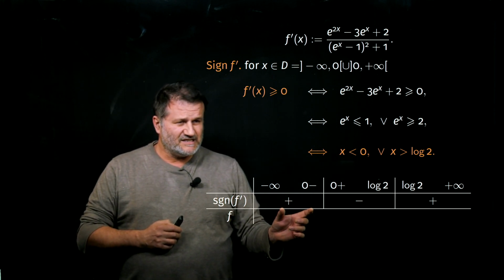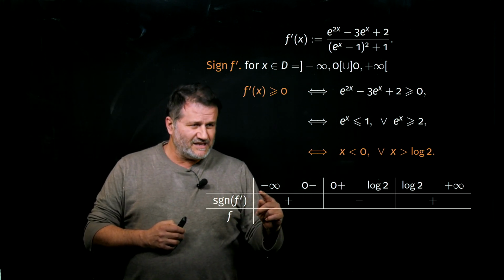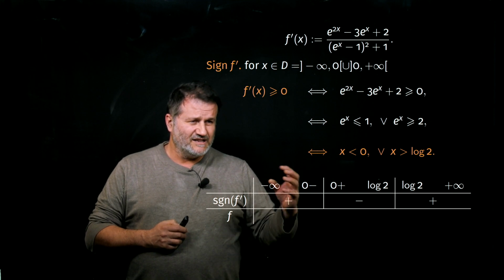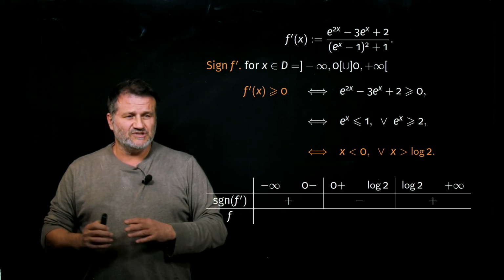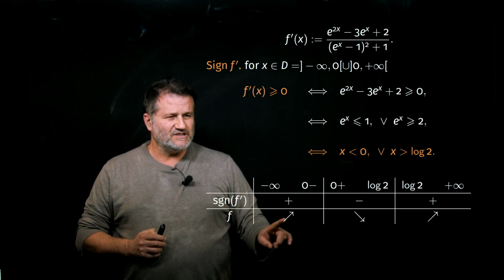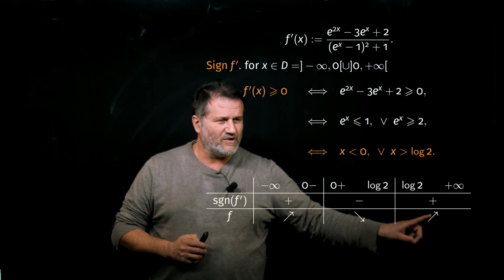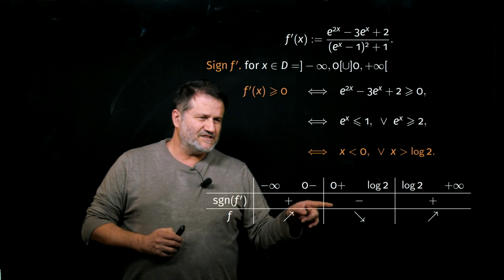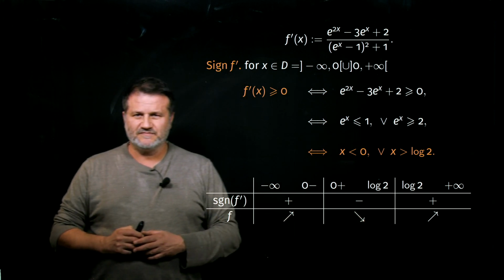Now, since the sign of the derivative is positive on these intervals, we know that derivative positive means function increasing. So the function is increasing here, and from log 2 to plus infinity, and it is decreasing from 0 to log 2.